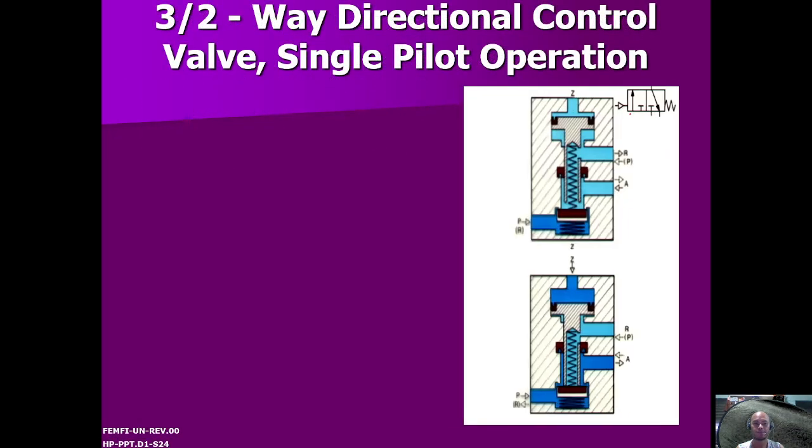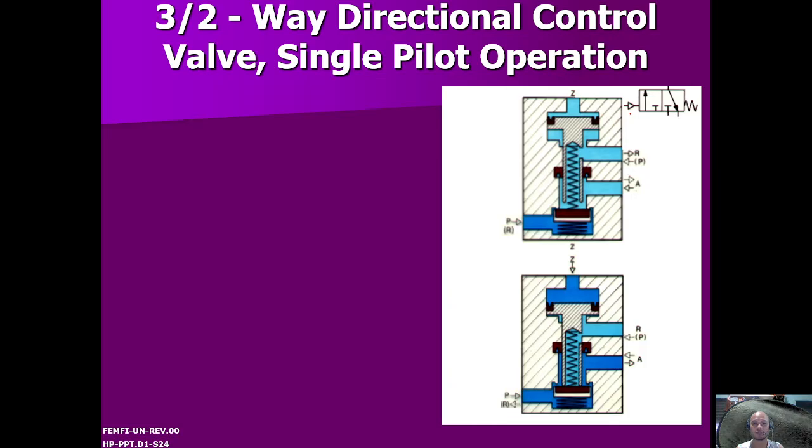Okay, next we have the 3/2-way directional control valve, single pilot operation. As you can see here, this is a normally closed position from P to A, right? And then it has a spring return and a pneumatic pressure to activate the valve. So in here, P is closed, so there is no flow. So this is a closed position.